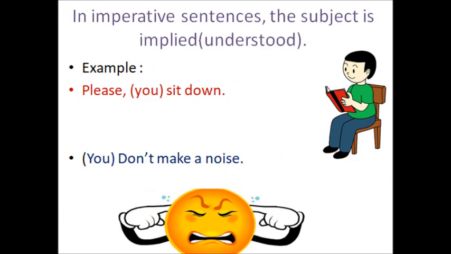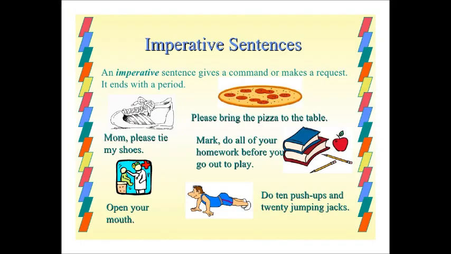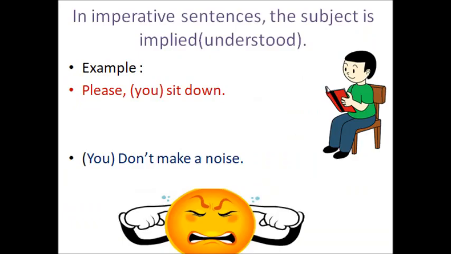The next point is in imperative sentences. Now, do you remember what is an imperative sentence? So, imperative sentences are sentences that express commands, make requests, or give advice and end with a full stop.